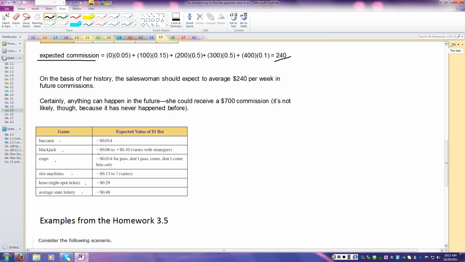You can see the average state lottery is definitely the lowest expected value. You're going to expect to lose more money playing that than any other game.